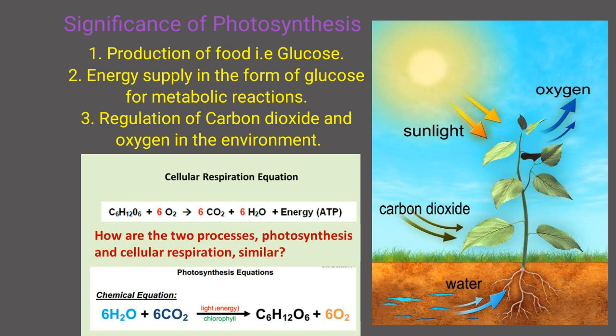So the carbon dioxide and oxygen levels are regulated by the process of photosynthesis. So these are the three important significances of photosynthesis that are required in the whole living world.